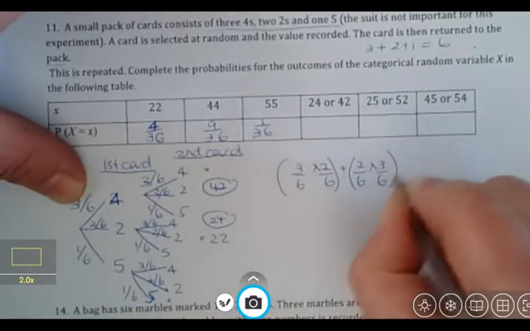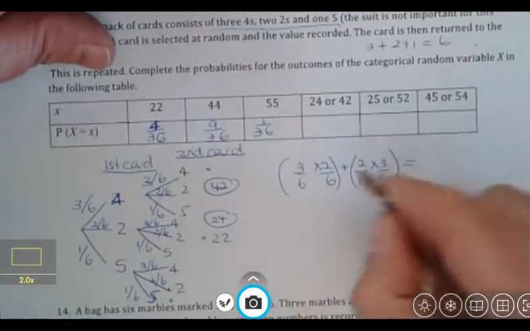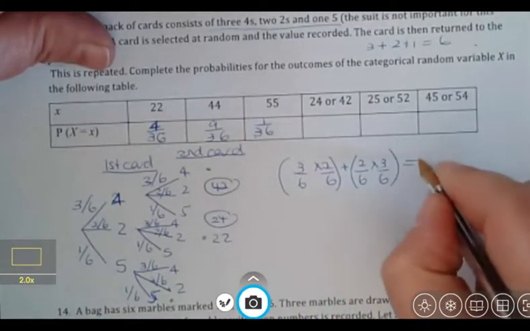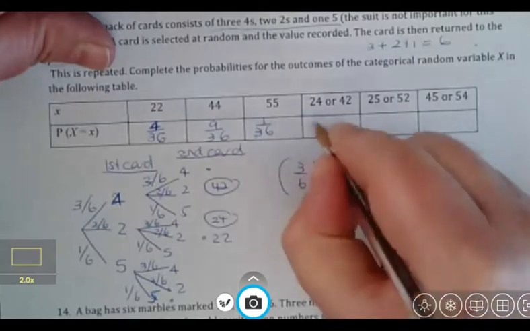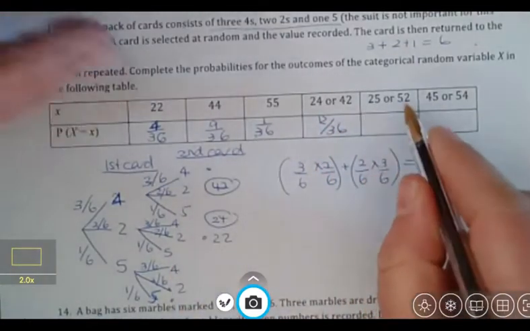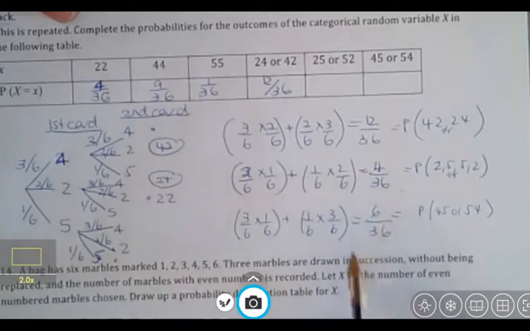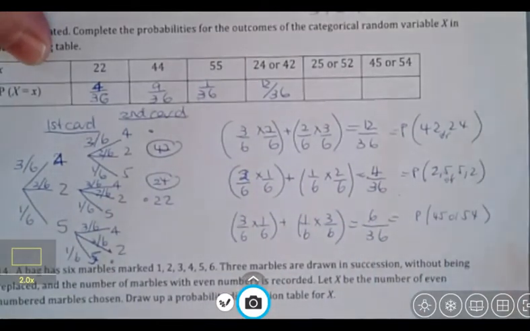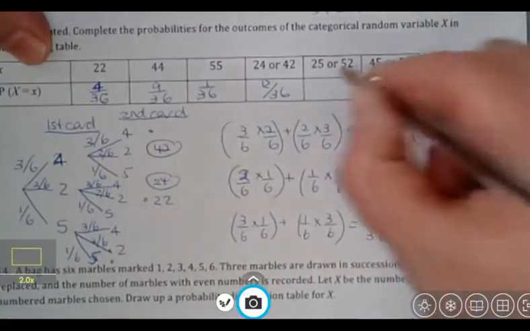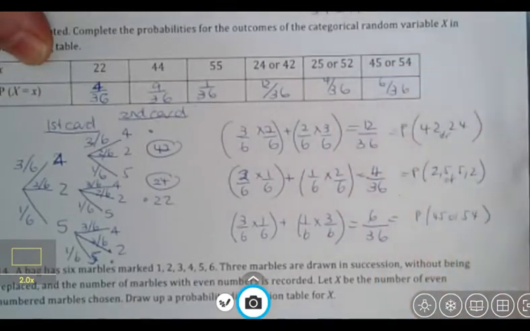Now, because there is replacement happening, the values will be the same. So you've got 6 out of 36 and 6 out of 36. That's 12 out of 36. And you can do the same for 2 5 or 5 2, and 4 5 or 5 4. Just putting those into the table, we've got 4 out of 36 and we've got 6 out of 36.